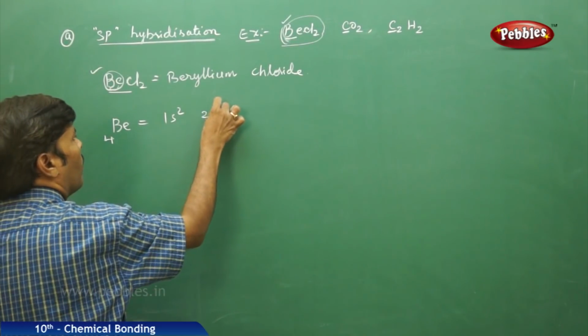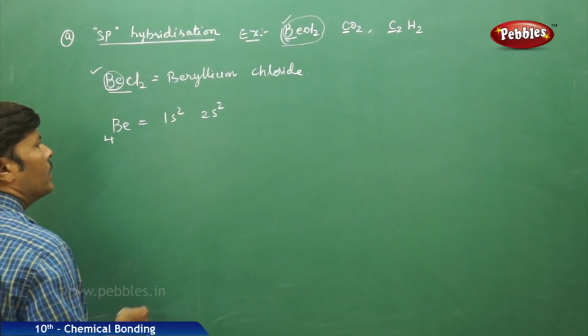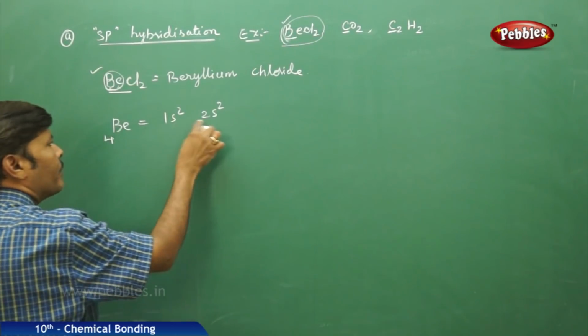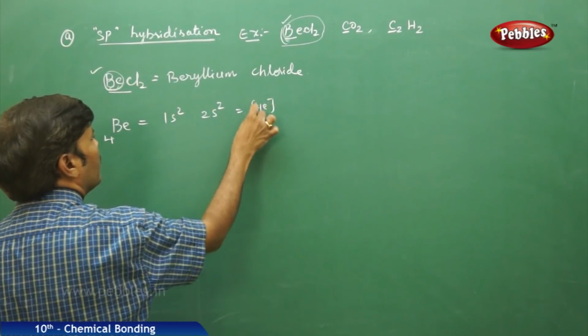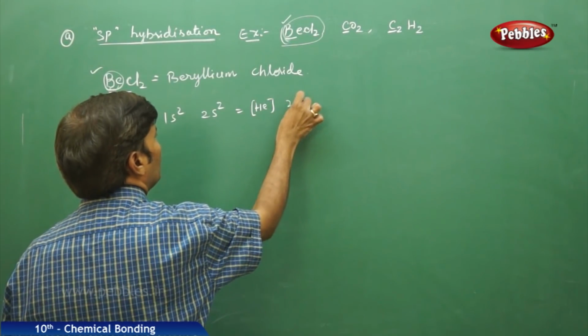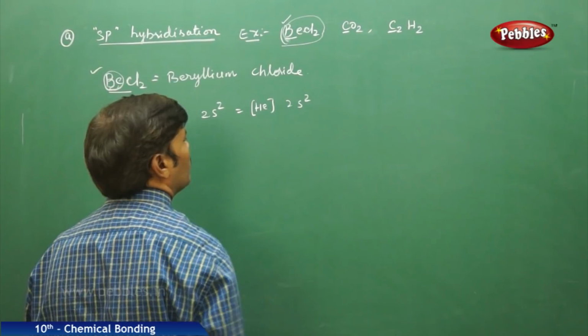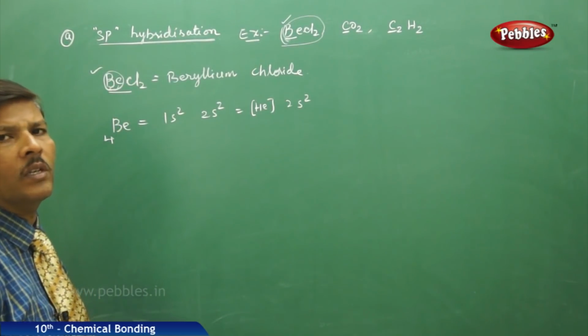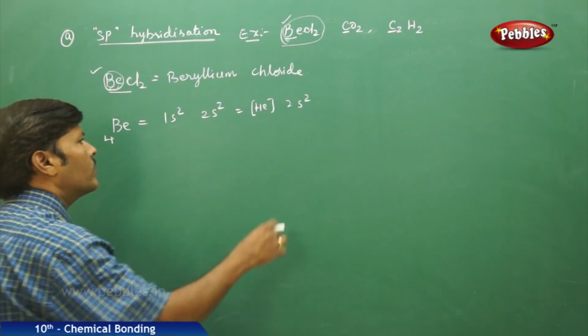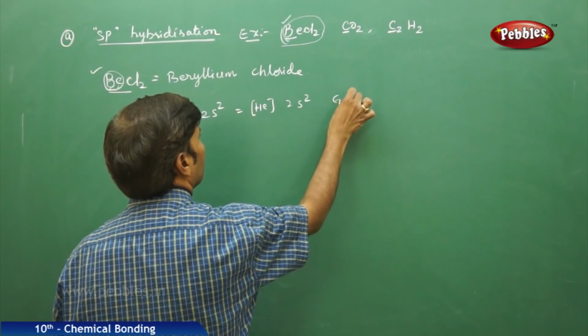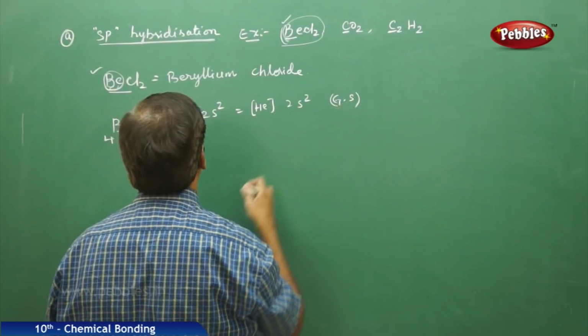1s2 2s2. This is the expanded electronic configuration of beryllium, so this is helium of 2s2. Helium of 2s2 is the nearest noble gas configuration. Let us take this as ground state electronic configuration of beryllium.